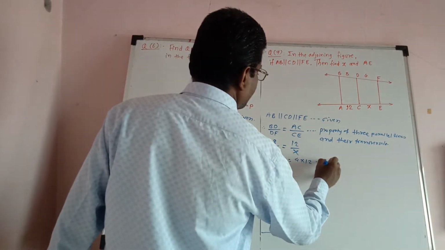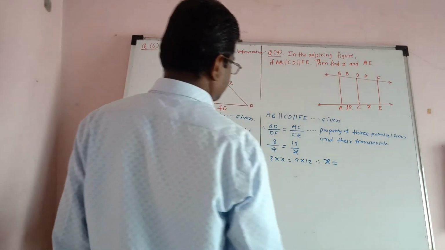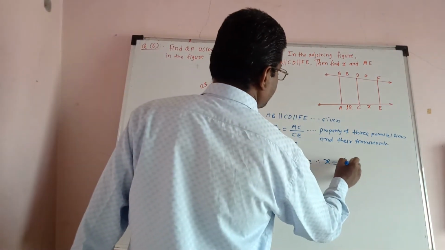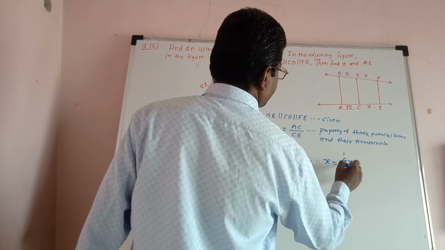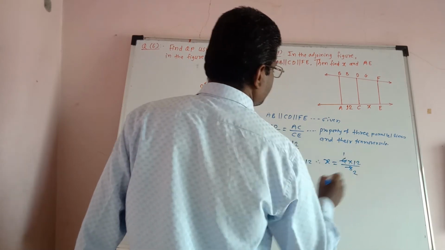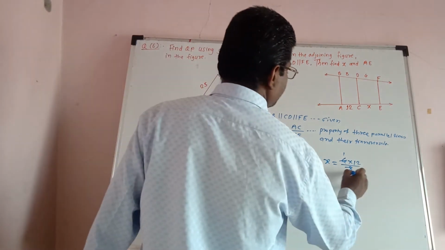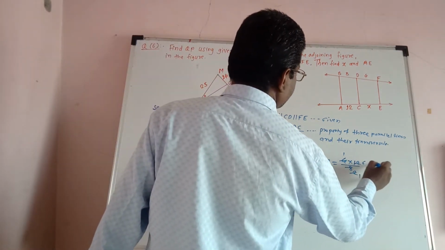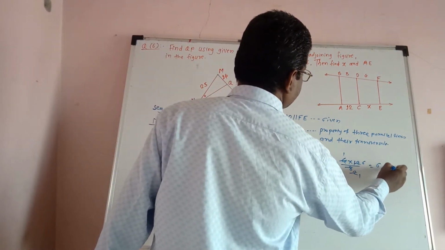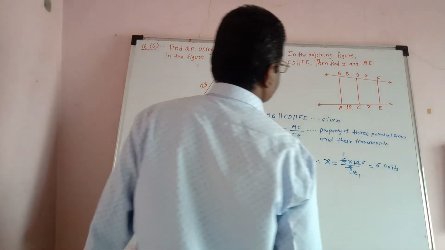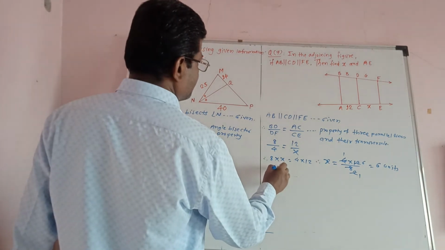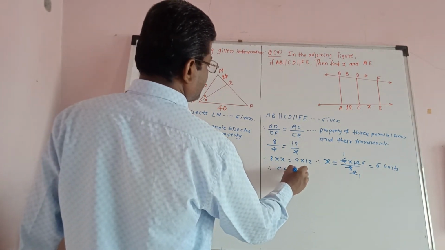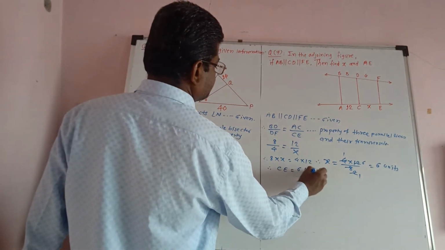Therefore X is equal to 4 into 12 upon 8 divided by 4. 4 1s are 4, 4 2s are 8 divided by 2, 2 6s are 12, is equal to 6 units. So we got the value of X is equal to 6 units. That is CE is equal to 6 units.